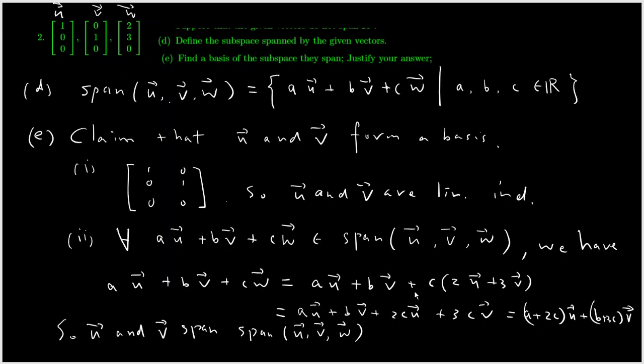Now you take a look at what we have proved. U and V are linearly independent, and also they span the spanning set, so they form a basis of the spanning set. Thus, they form a basis. The two vectors U and V form a basis of the spanning set.